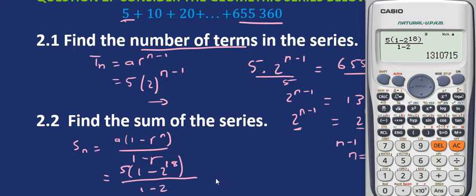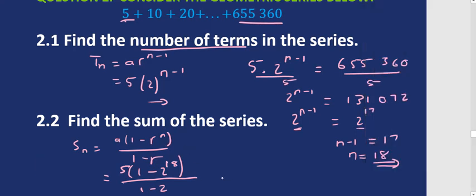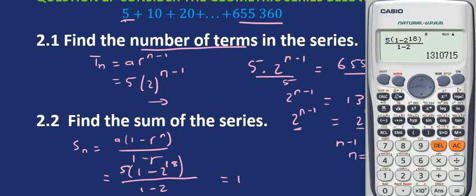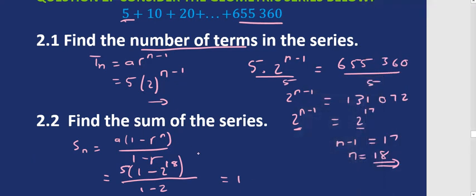And of course, it will give you 1,310,715. That is the sum of all the terms in the sequence.